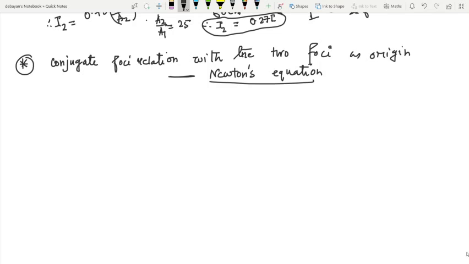So from that, what we can write: the conjugate relation for thin lenses with optical center as origin is 1 by v minus 1 by u is equal to 1.